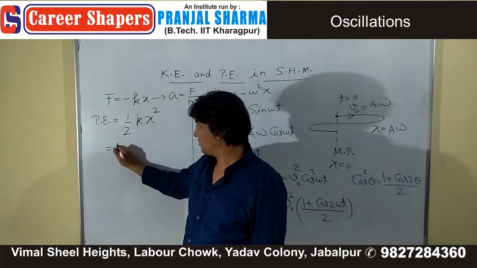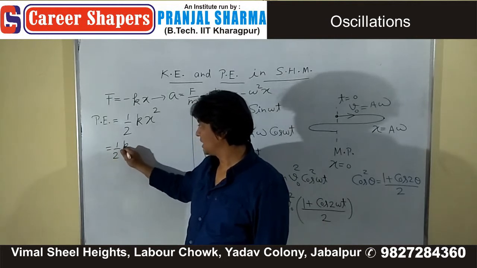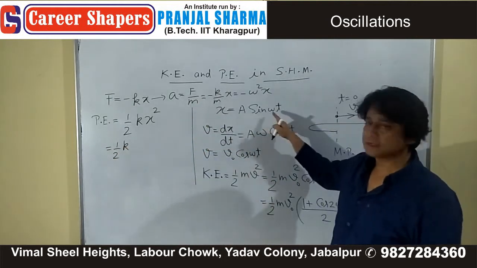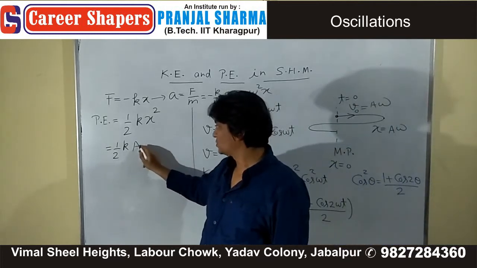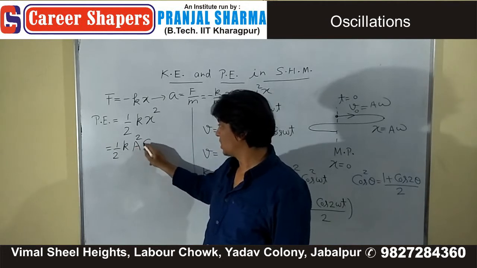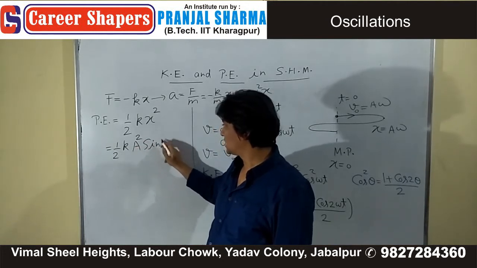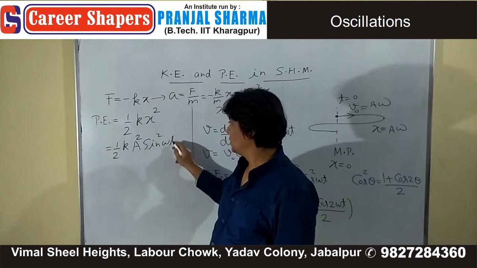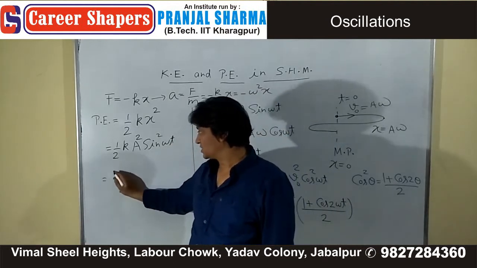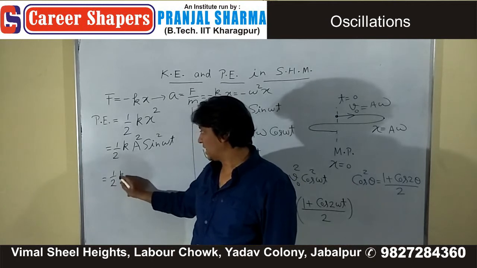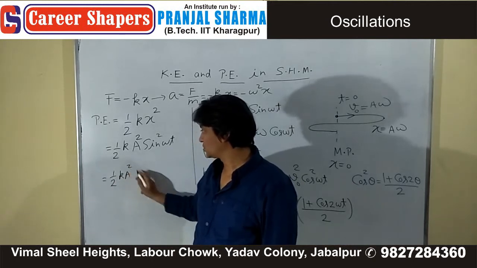If it is half kx square, then what is x? A sine omega t, and the square of this gives a square sine square omega t. So this is half of k into a square sine square omega t.